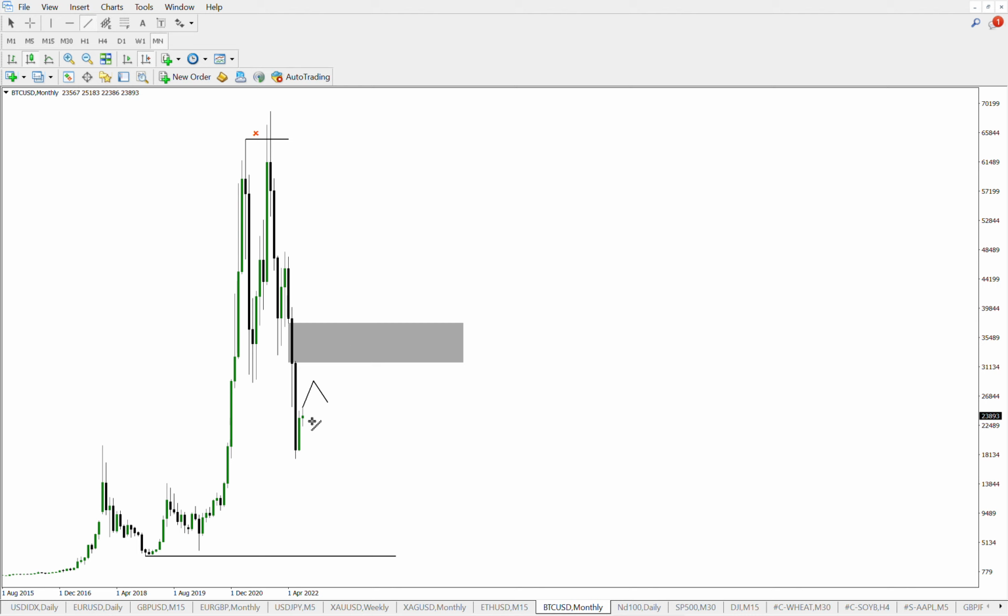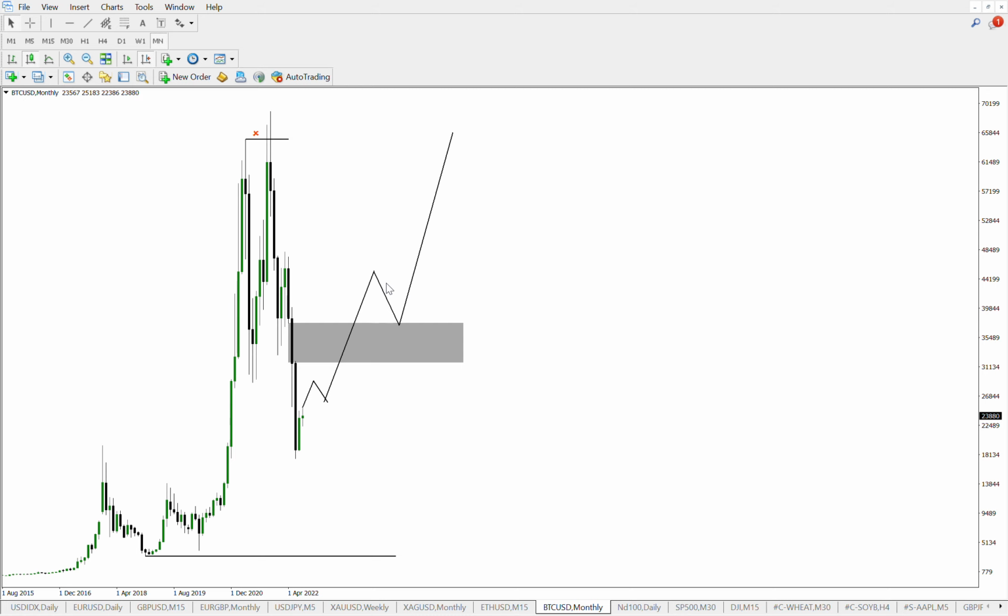But if we do end up closing above this gap and then retracing back into an order block of some sort, right, or fair value gap, then I would probably be anticipating longs, right, continued longs for Bitcoin and Ethereum. But for now, since everything is bearish, Forex is bearish, Bitcoin is bearish, dollar is bullish still, there's no reason to start going short on the dollar just yet.